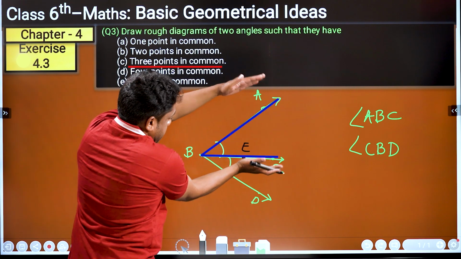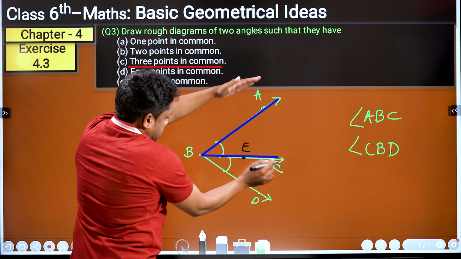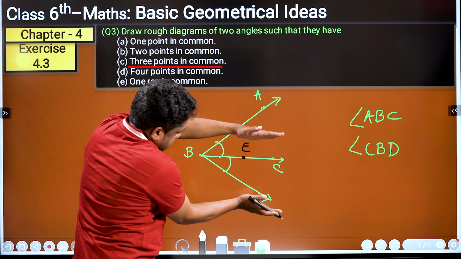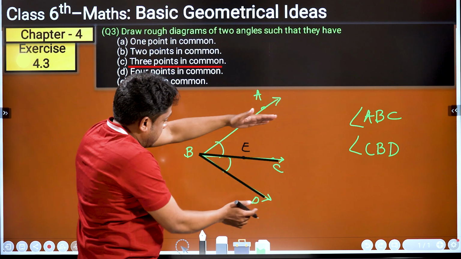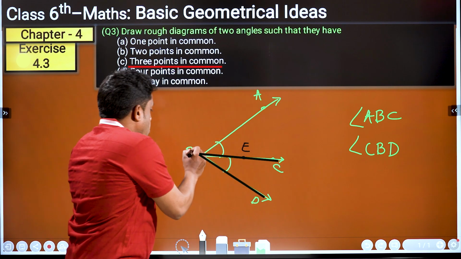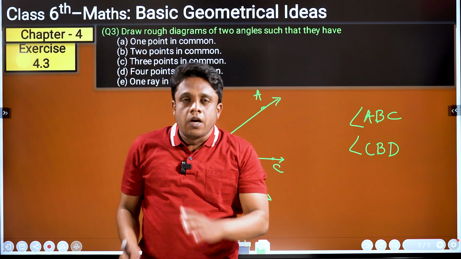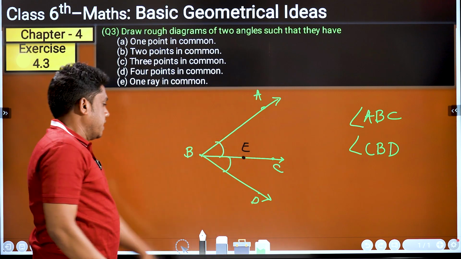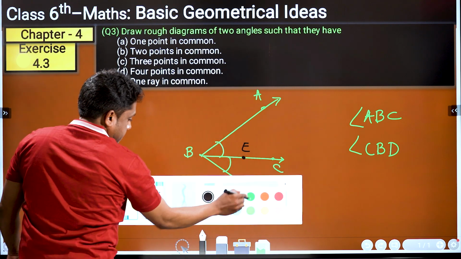Look at here. For the first angle ABC, we have BEC, and for the second angle, you have BEC. That means the points B, E and C are common for both of these angles. So can I write like this?